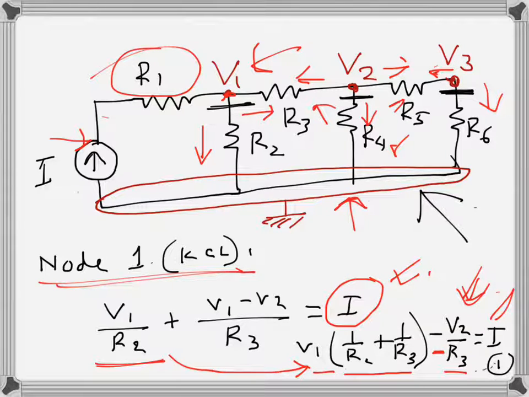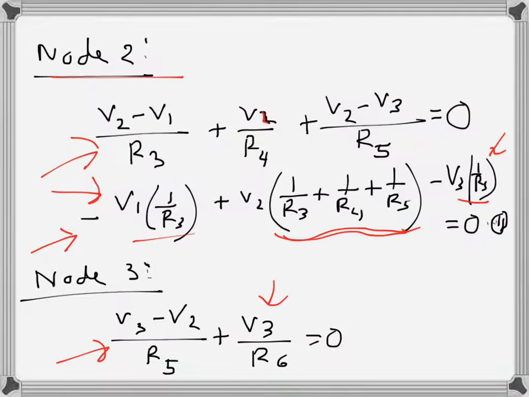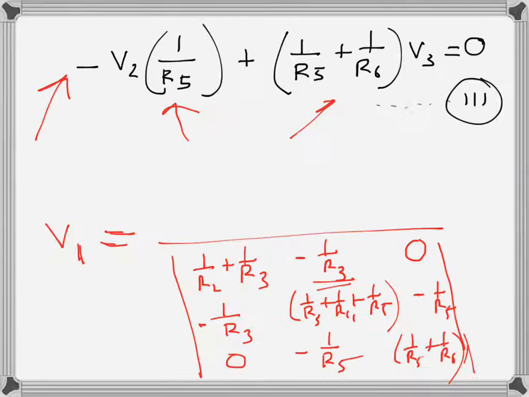So V1 is connected by R3, so that's why the coefficient of V1 is negative 1 over R3, as we can see here, and the coefficient of V3 is negative 1 over R5, because V2 is connected with V3 by R5. So there is a pattern. Actually we can write these equations, in fact we can write the determinant solution directly just by observation, but we will do a few more to get there.